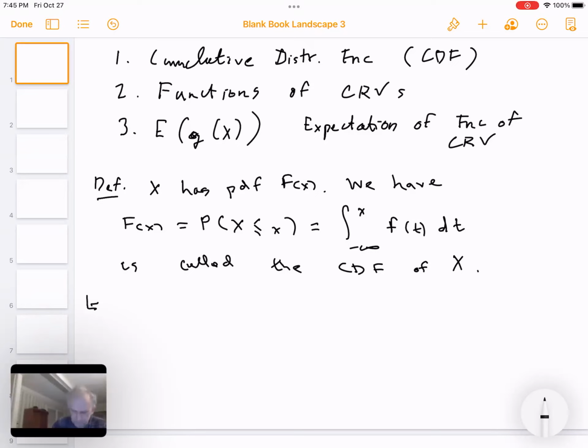So for example, say I have X uniform 0, 1. Then the CDF, the probability X is less than or equal to x. Okay, so remember the PDF looks like this.